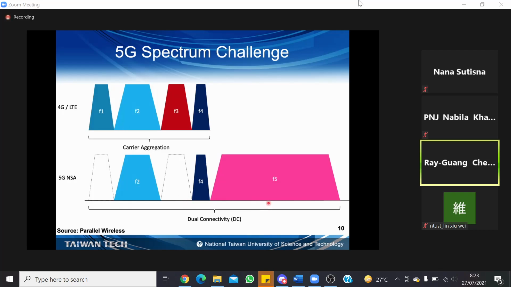But the major difference is that in dual connectivity, you will use the frequency band from 4G and the frequency band from 5G, because in NSA, the user can connect to two kinds of base station simultaneously. So this is a term used in 5G. This is a term used in 4G. Actually, their main purpose is to use a wider bandwidth.